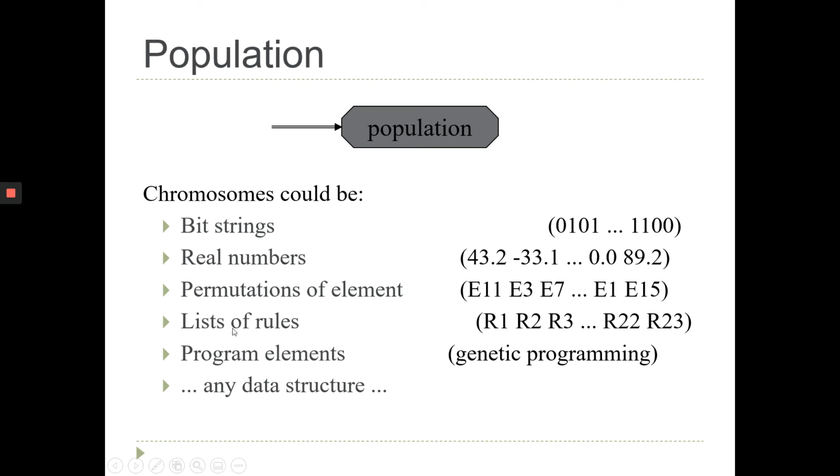Or maybe you have a list of rules, from rule number 1 until rule number 23, like in fuzzy logic. Then you keep changing the rule sequence and the rule selection, and that can be a chromosome. Also program elements, like genetic programming elements. So any data structure can be used as a chromosome.